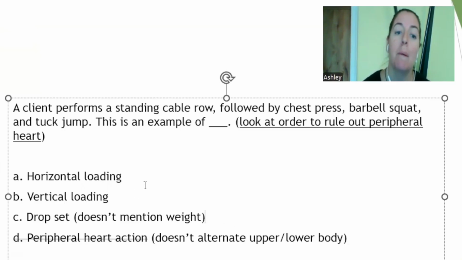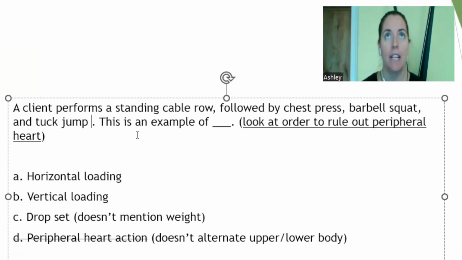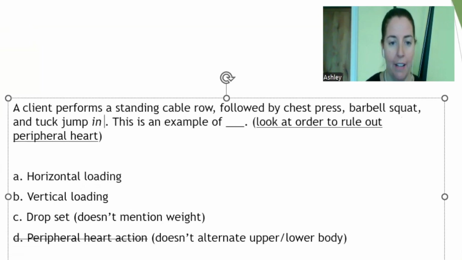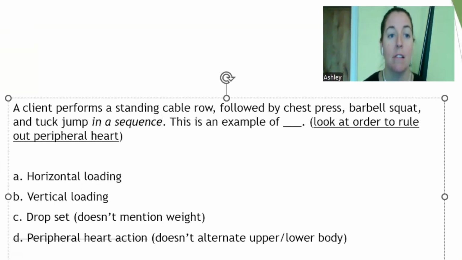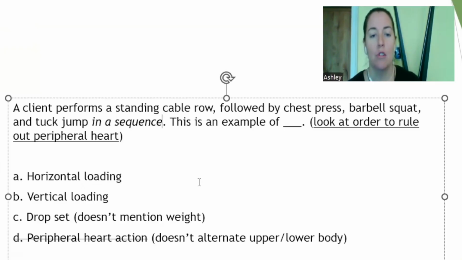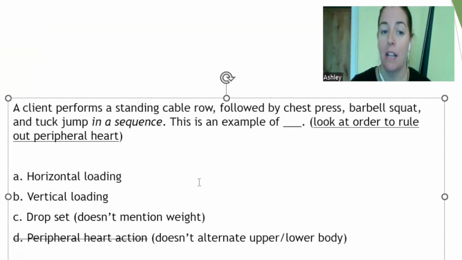This happens a lot. It would be possible that they would also add something like in a sequence, something that lets you know that it only means that we're doing the first set of each. So you want to be ready for it even if they don't say that, but we'll add it there in italics because there's a good chance you'll see it that way.